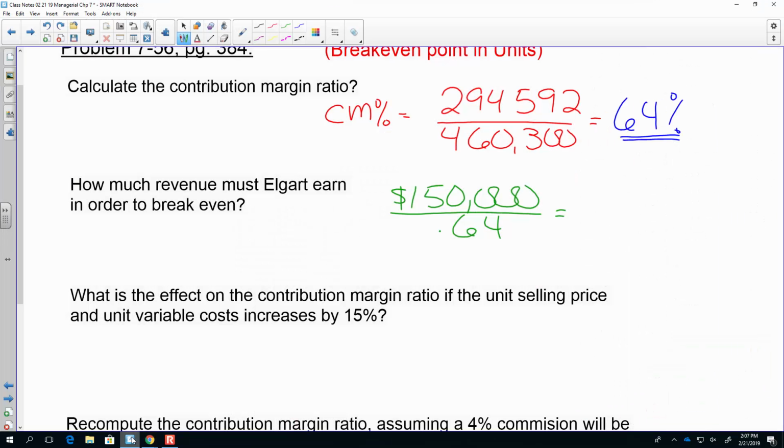Wow, cool. That's not what I got, unless I'm doing it wrong. Oh yeah, it would be more than 150. It's 234,375.